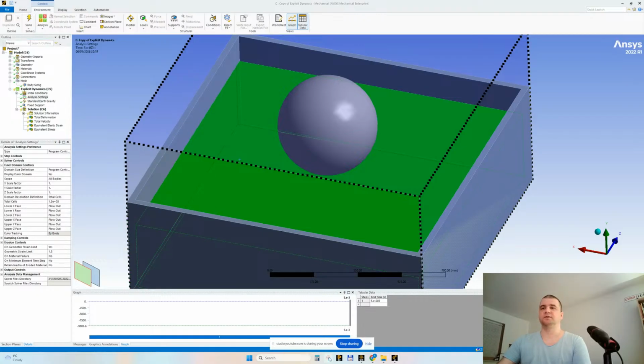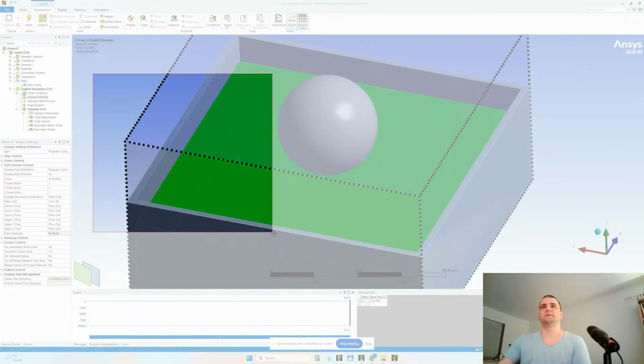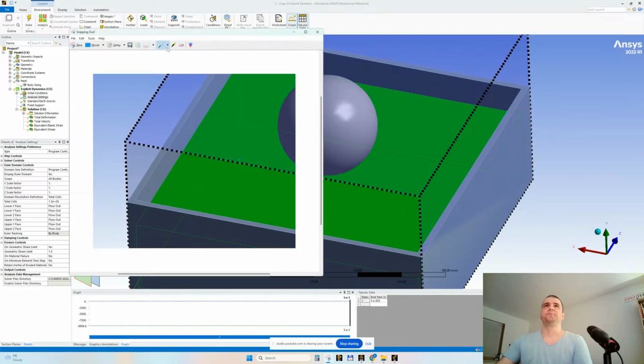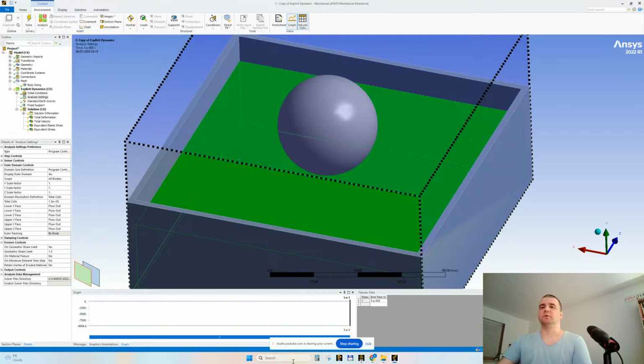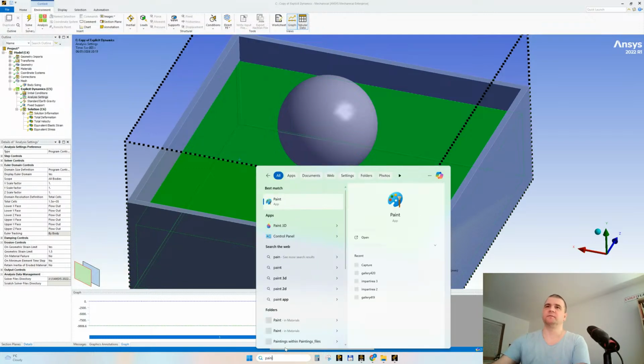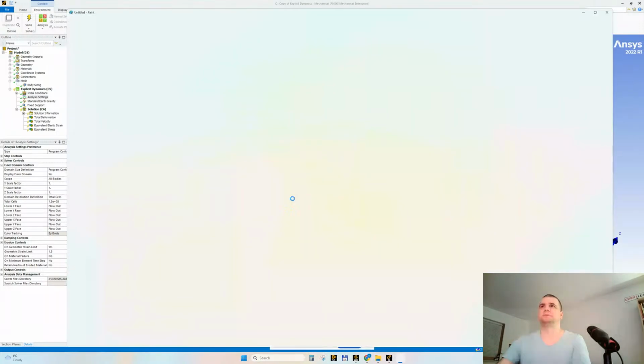Let me show you how it will be meshed, and you will also see it in a few minutes. Let me save this because I would like to make some lines, and I want to have very nice lines.